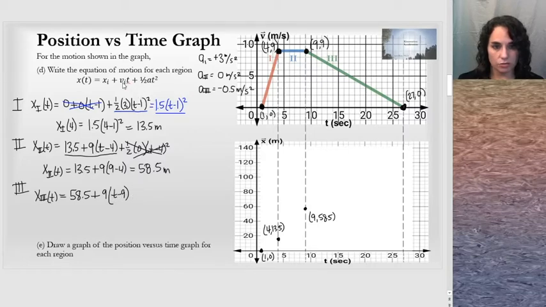So that's initial velocity times time plus a half at squared. So I'm going to add on a half. The acceleration during this time period, it slows down. It takes a long time to slow down. So this has a smaller acceleration, negative 0.5. And then I'm going to have the time term here squared. All right, there's a square there. Okay, so attention to detail. Make sure we're keeping track of all this.